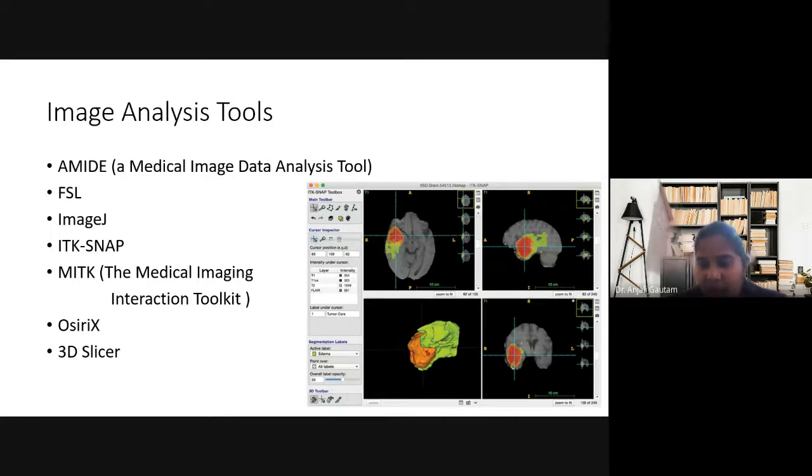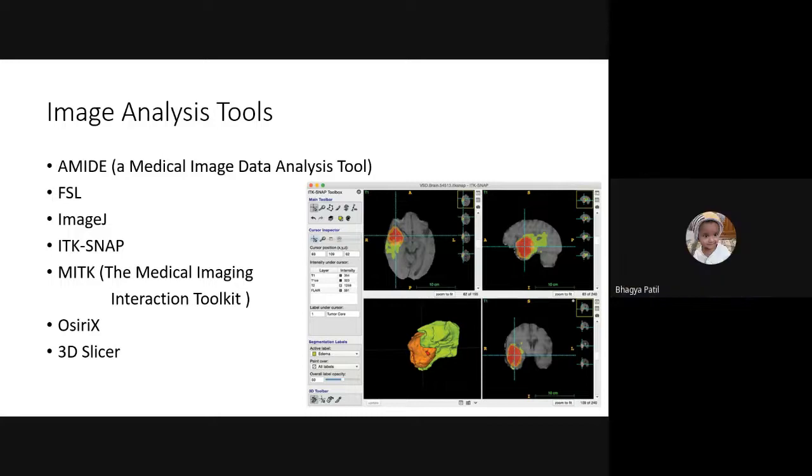Bhagya Patil ji is asking, is it okay to use images from doctors rather than the standard data set? You can use the images, but if you want to publish in a good journal, they will always ask for approval if you are taking images from hospitals or clinics, because there is always a committee.